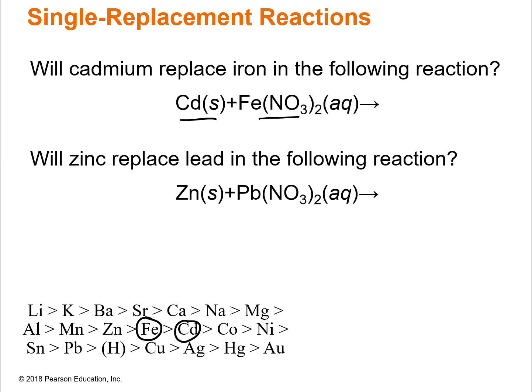It's less active. So will cadmium replace iron in solution? No, it will not. So here we write no reaction. So on that chart with all of the symbols, that's where the NR comes into play. There's not going to be any reaction.